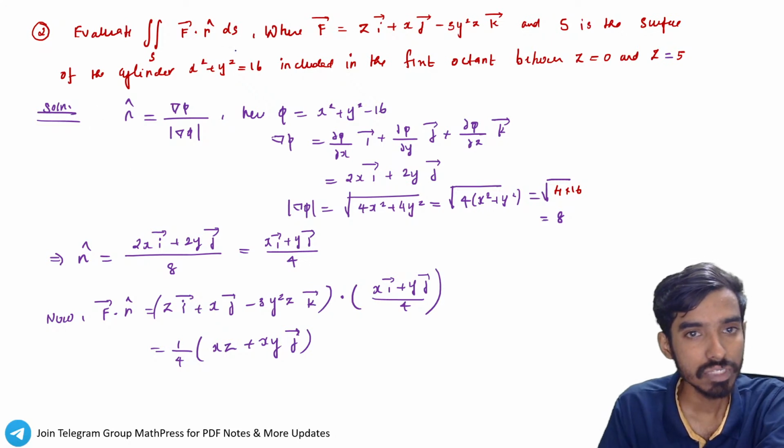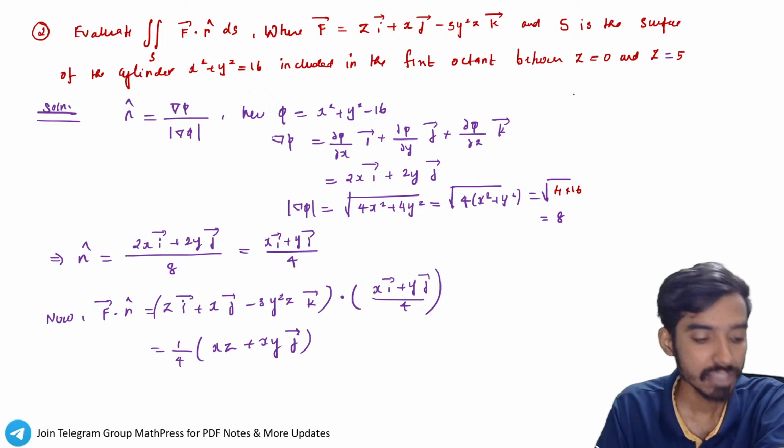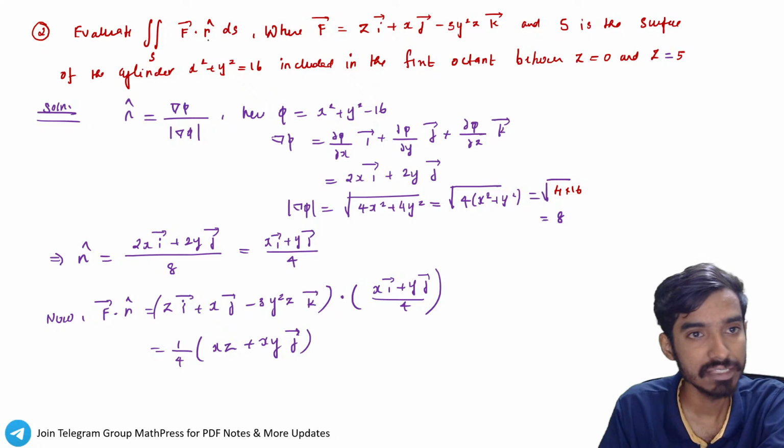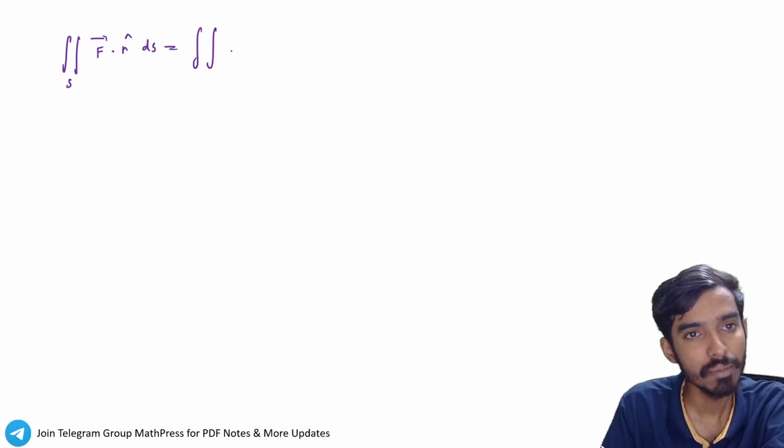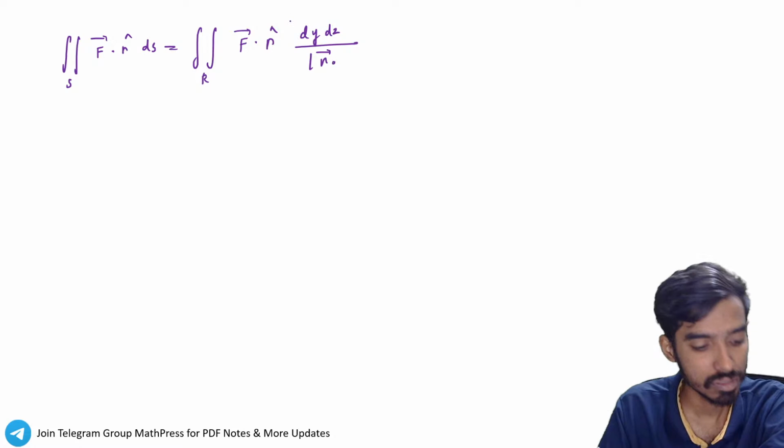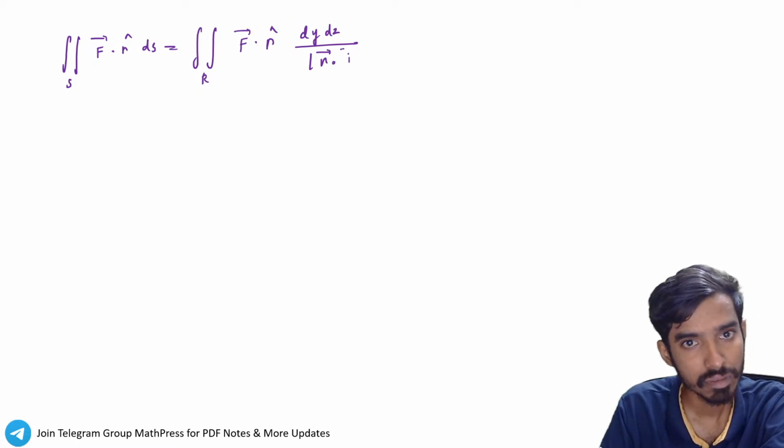Now I'm going to choose ds to be, since we know z limits, I'm going to choose dy dz. Therefore, double integral over s f vector dot n cap ds will be double integral over r f vector dot n cap dy dz divided by n cap dot i, right?